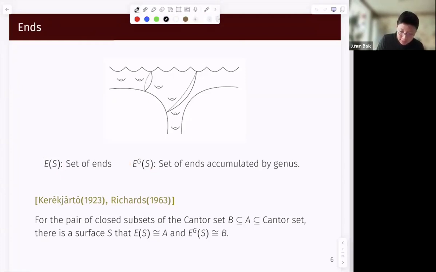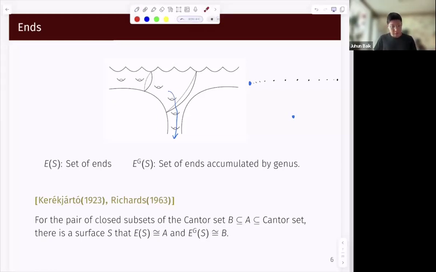So what is the end space of this one? You have puncture ends which accumulate in both directions, and then there are other ends which are accumulated by genus, going to the bottom and then to the left. So these points are also in the set of ends accumulated by genus.